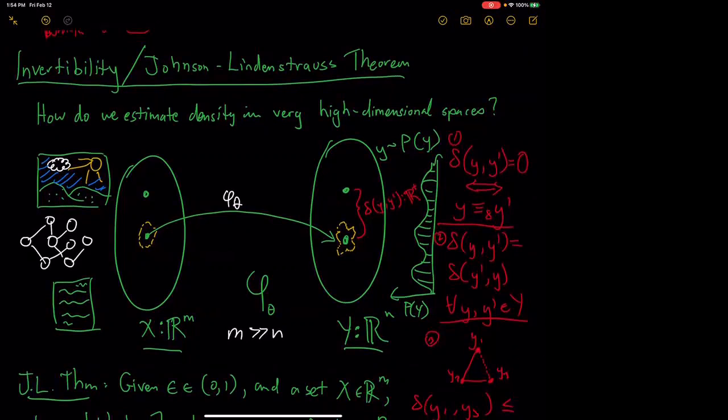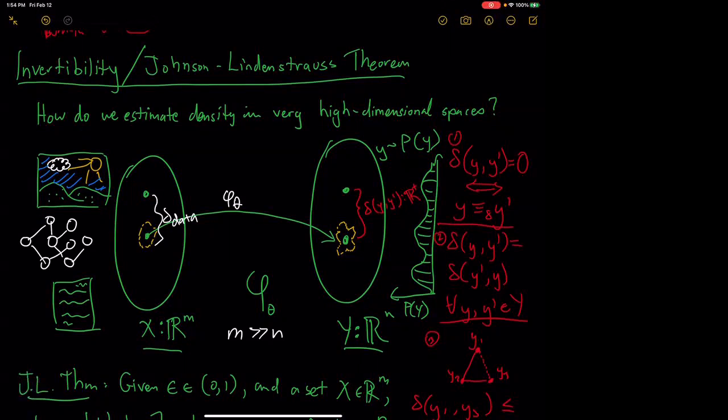So if two points have some distance in your data space, you'd like that distance to be approximated inside your latent space.